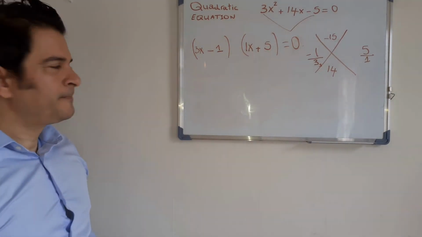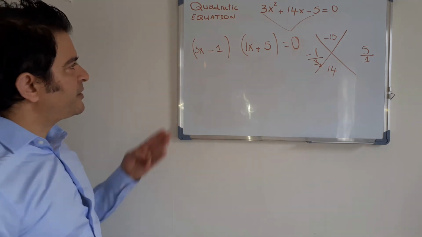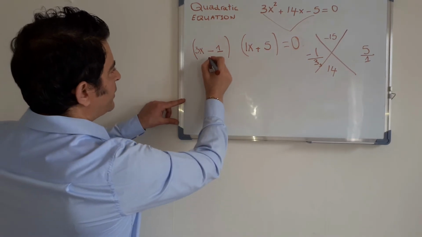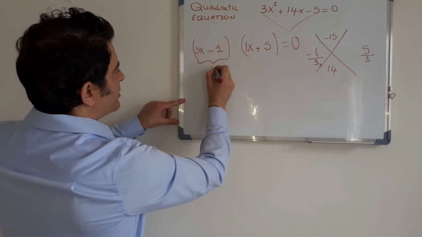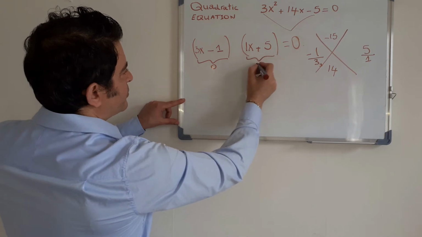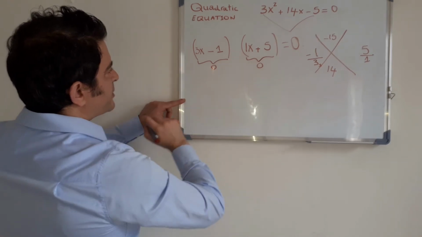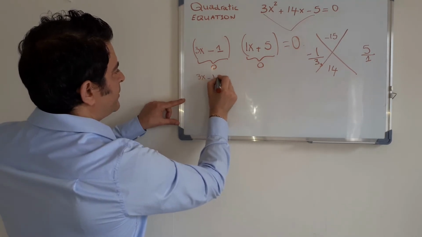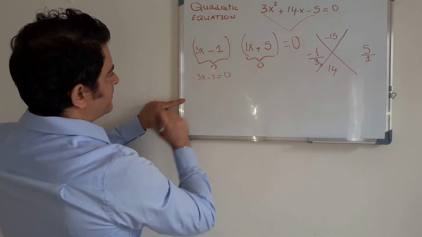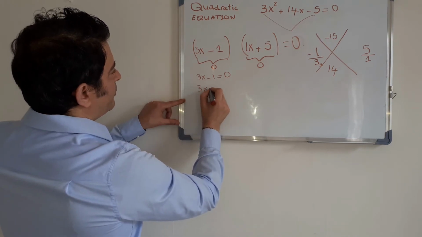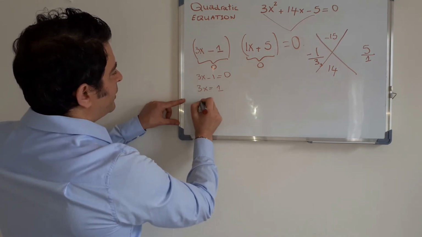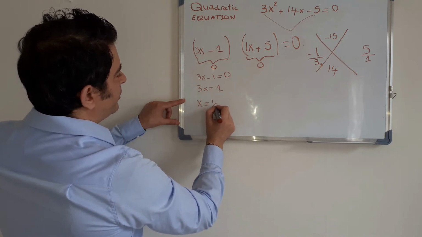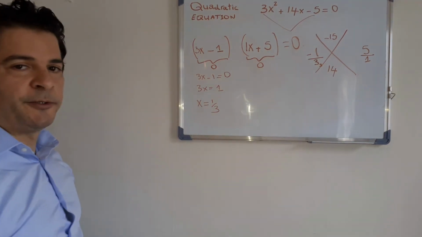Okay, we're almost there. Now let's solve for the x's here. So 3x minus 1, we split them into two solutions. 3x minus 1 equals 0, or 3x equals 1, x equals 1 over 3, 1/3.